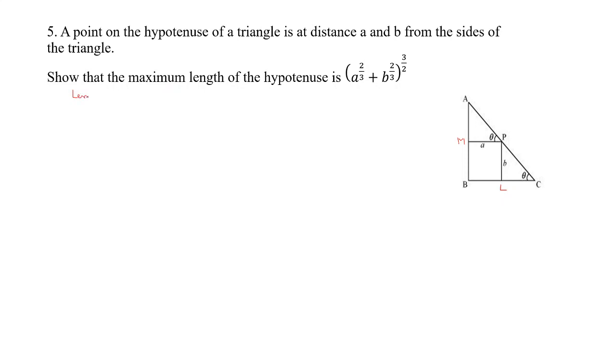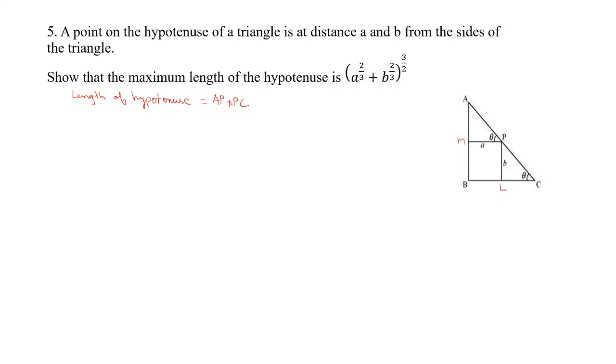So the length of the hypotenuse is equal to AP plus PC, that is the length of the hypotenuse, AP plus PC.